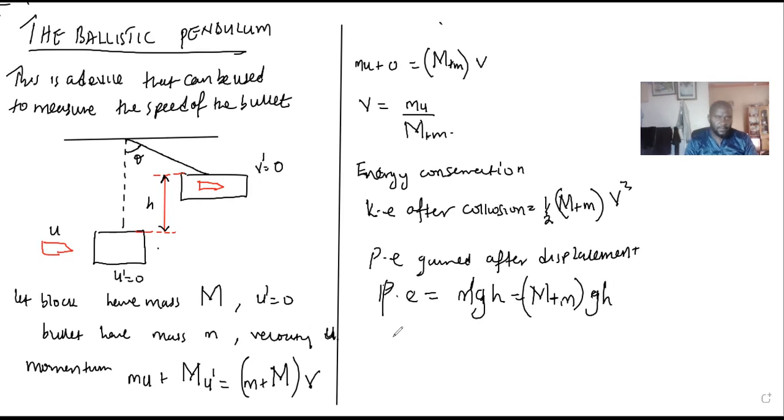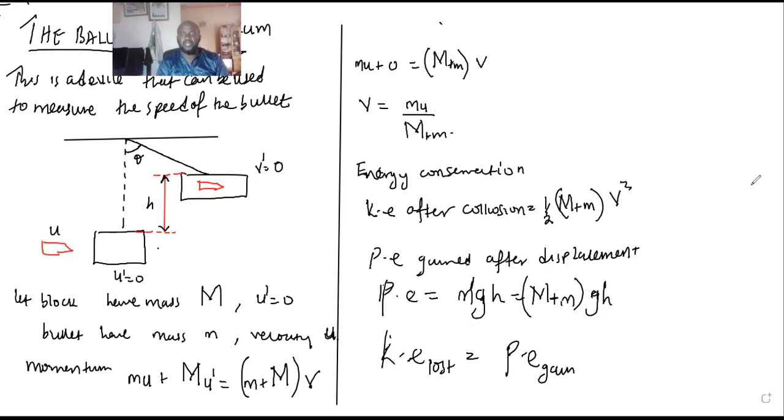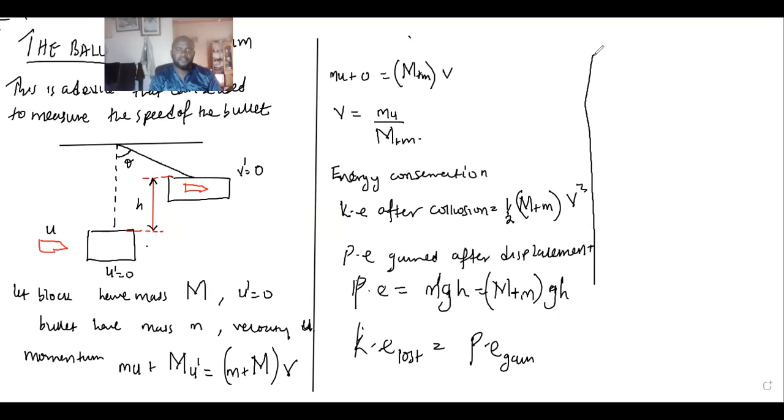times h. Now, because of energy conservation, the kinetic energy is going to be lost, and we shall gain potential. So the potential which has been gained is resulting from the kinetic that has been lost, and with that reason we shall have half capital M plus small m v squared is equal to capital M plus small m gh.